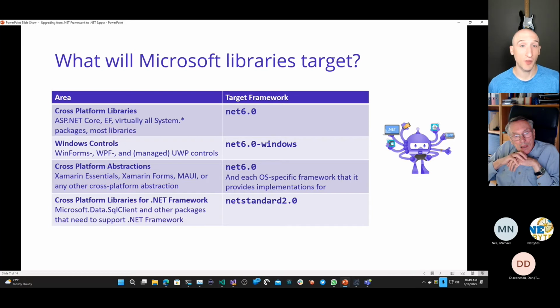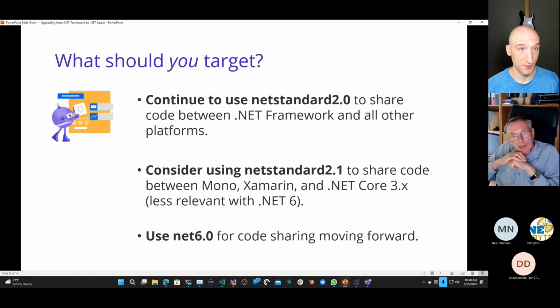Conversely, if you're building apps that run specifically on Windows, like desktop clients such as WinForms, WPF, or UWP, the target framework you're going to want to use is net6.0-windows. And then continuing down the line, if you're building cross-platform libraries and need to use .NET Framework, as I mentioned earlier, .NET Standard 2.0 is a great option for you in that case. So the question goes, what should you be targeting, right?